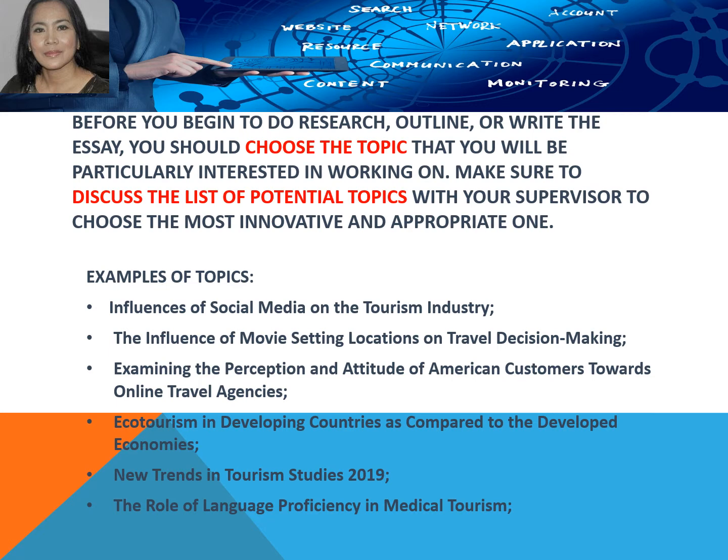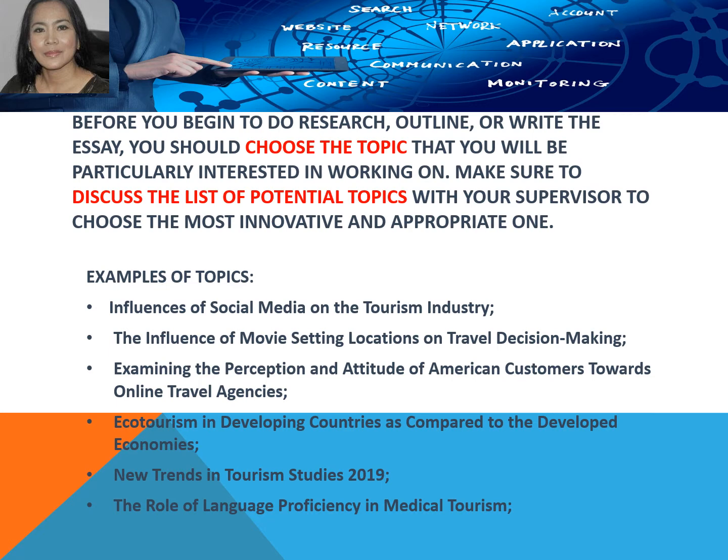Okay, so here are some examples of topics that are out there. Some people like to study the influences of social media on tourism industry. Some people like to study the influence of movie setting locations on travel decision making. Some will be examining the perception and attitude of American customers towards online travel agencies.